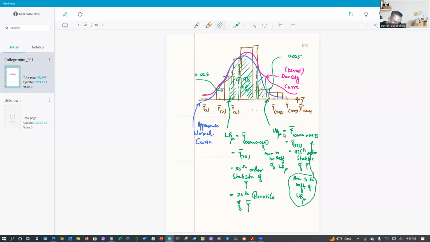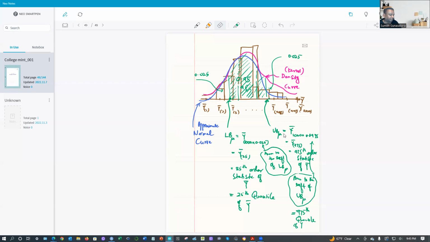This is related to the 975th quantile of Y bar.